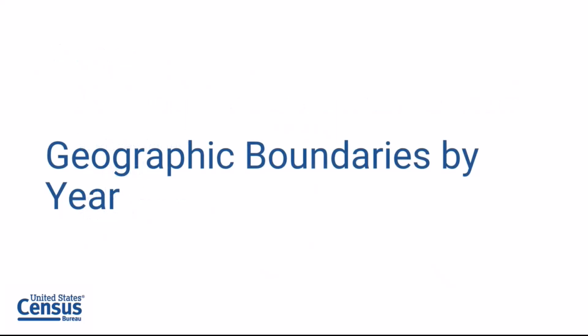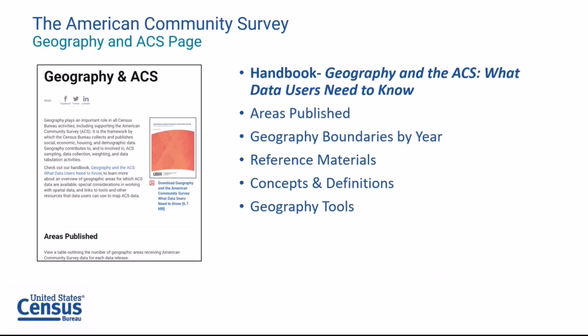Let's talk about the resources to better help you understand geography boundaries and possible changes over time. The Geography and ACS webpage shown here provides a variety of resources to help data users learn more about the geographic areas for which ACS data are available, about geographic boundary changes over the years, geography concepts, and more.